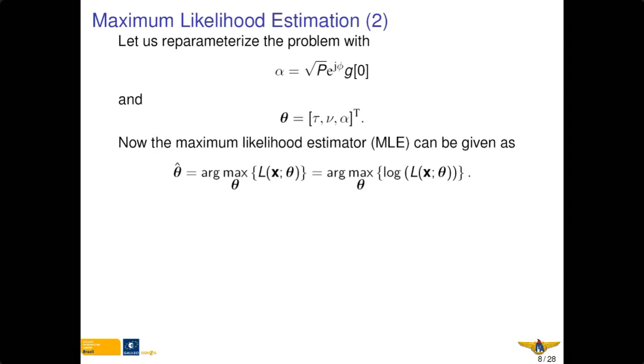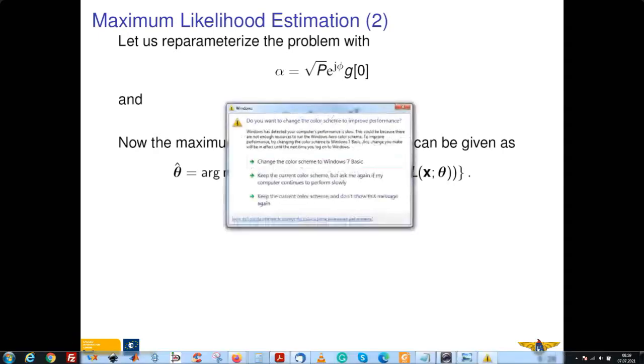So now, as already discussed before in the course, we can build another maximum likelihood estimator here, this time for a vector parameter. We had defined this for a scalar parameter, and now this is a parameter vector. We are maximizing the likelihood with respect to the parameter theta, and instead of maximizing the likelihood, we can also maximize the log likelihood.